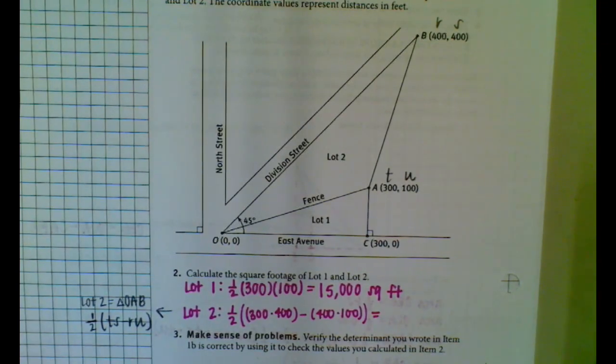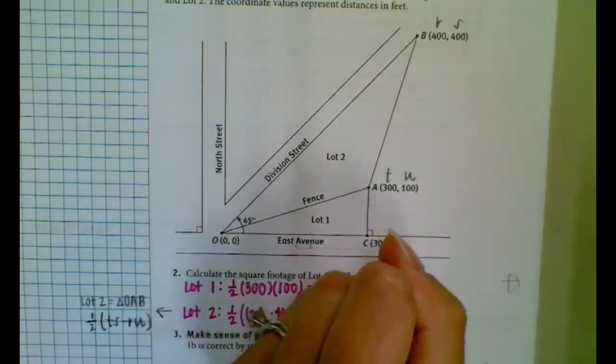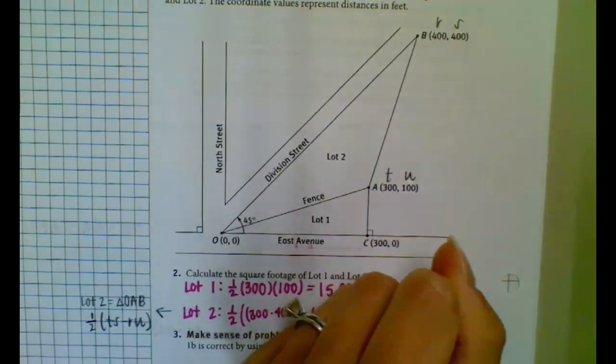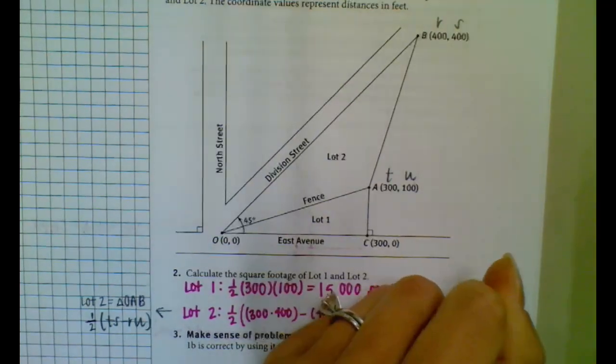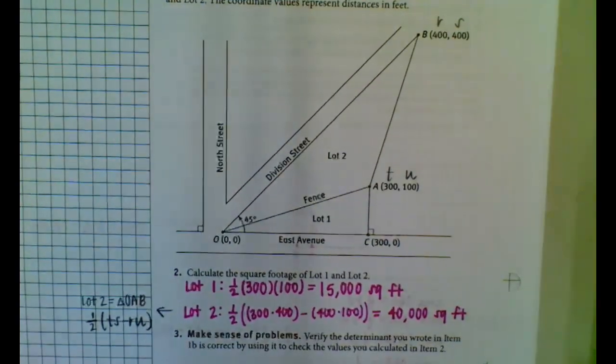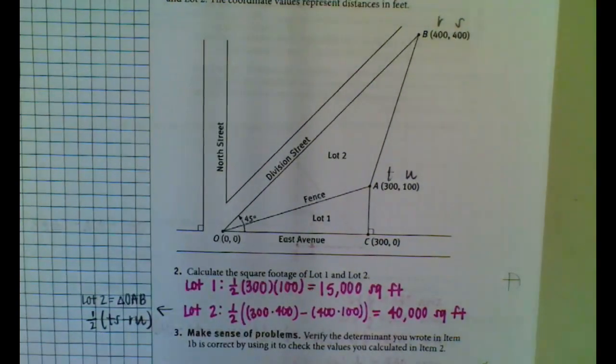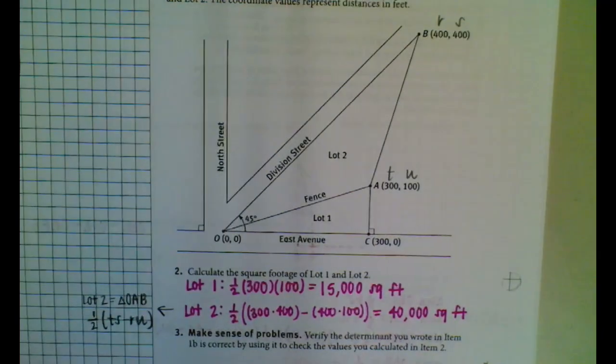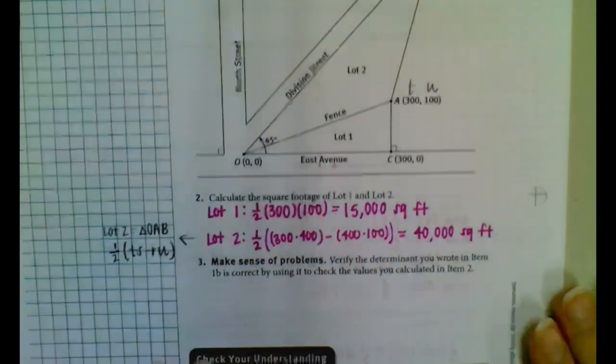So, multiply that by 1/2, so you get 40,000 square feet. All right, so we're just using those formulas from the front.